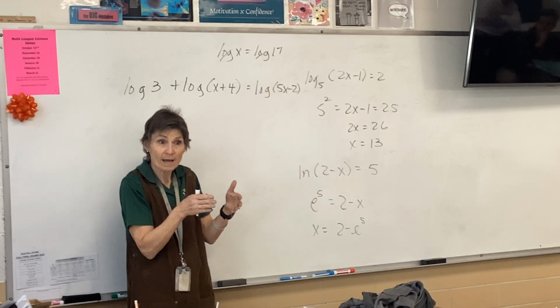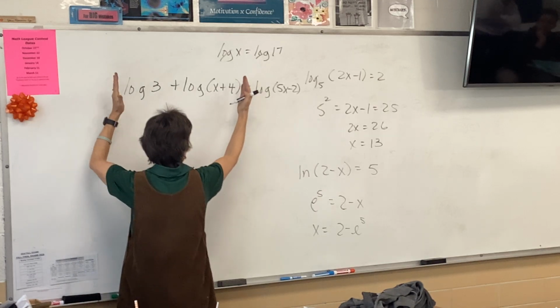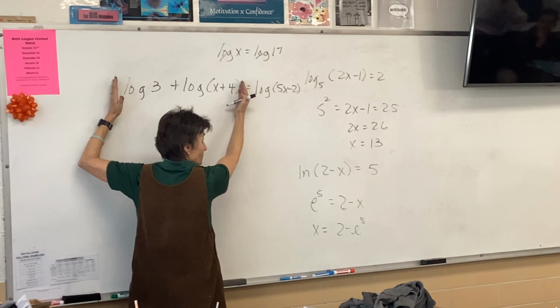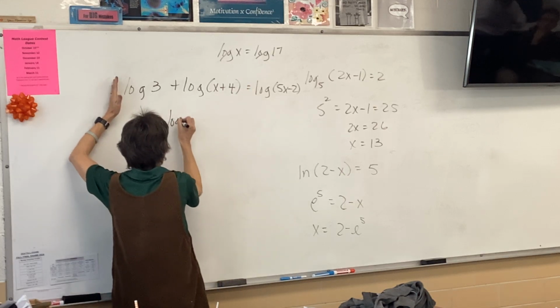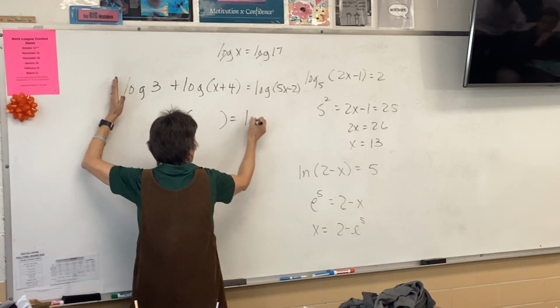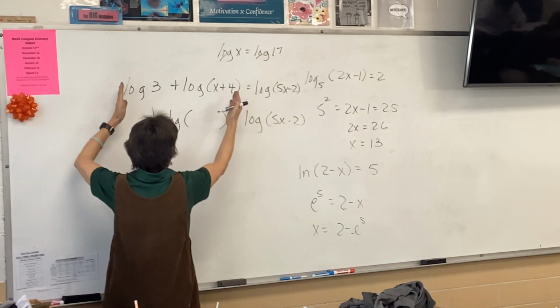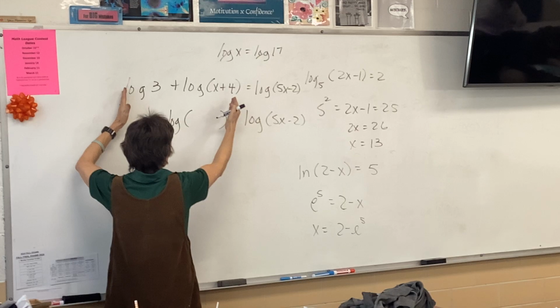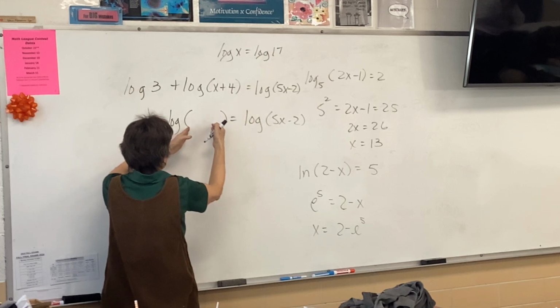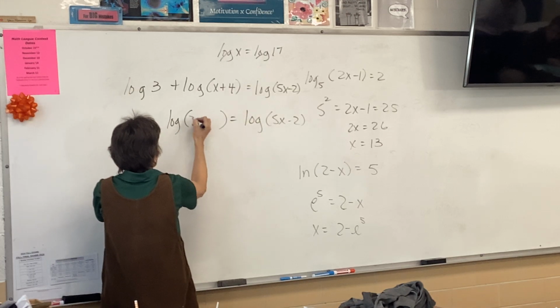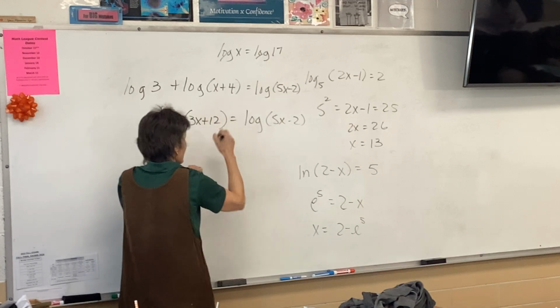So the first thing we have to do is put these guys together. So these are going to be the log of what? This is one of your properties that we talked about the other day. You're going to put these two together. What's going to be in this parentheses? 3x plus 12. Bingo. 3x plus 12.